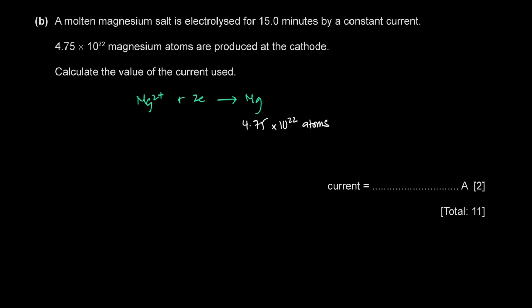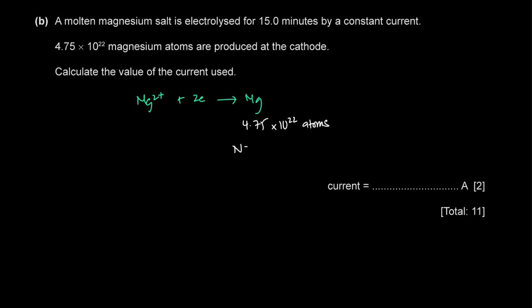In order to find the current, we need to find how many electrons are being gained. So we can find the moles of electrons. To do that, we first need to find the number of moles of magnesium. The number of moles is the total number of atoms divided by Avogadro's constant.